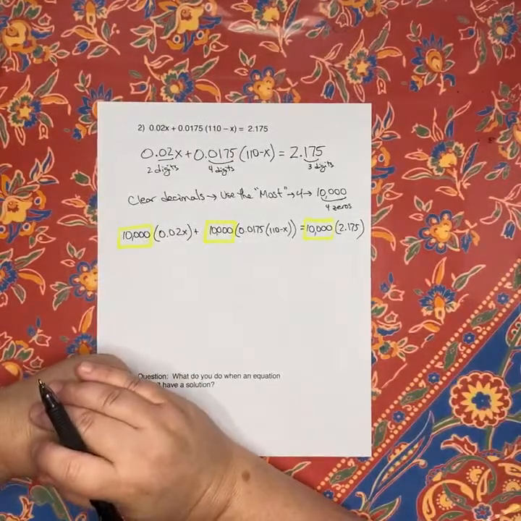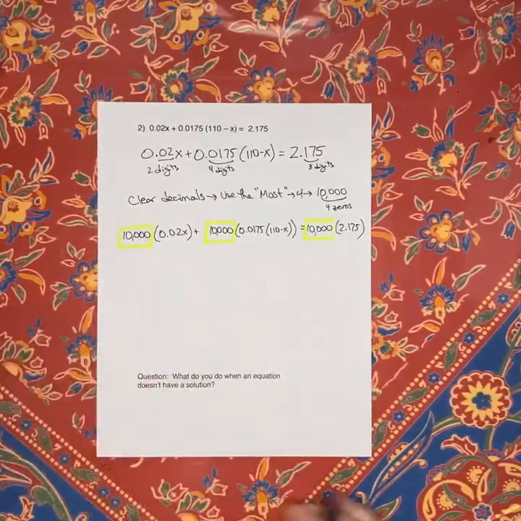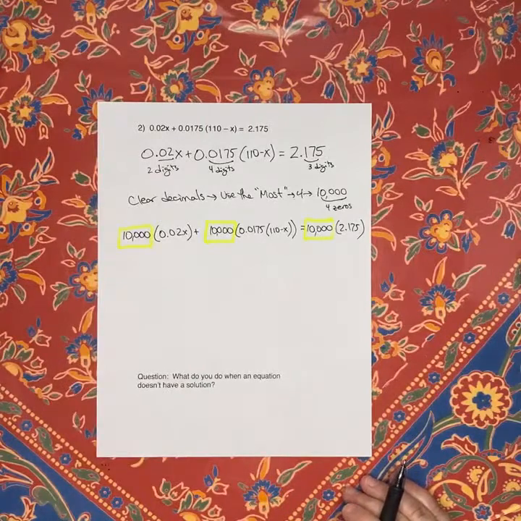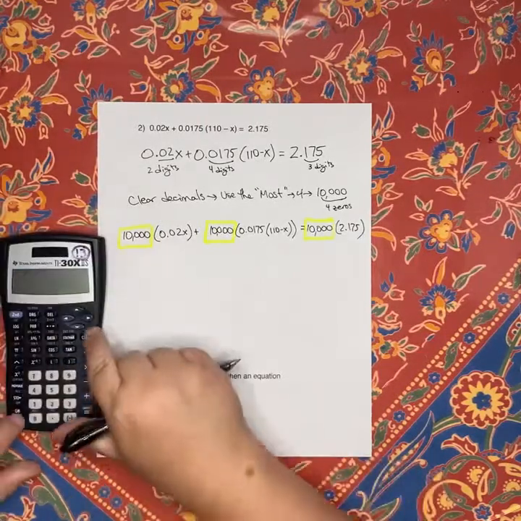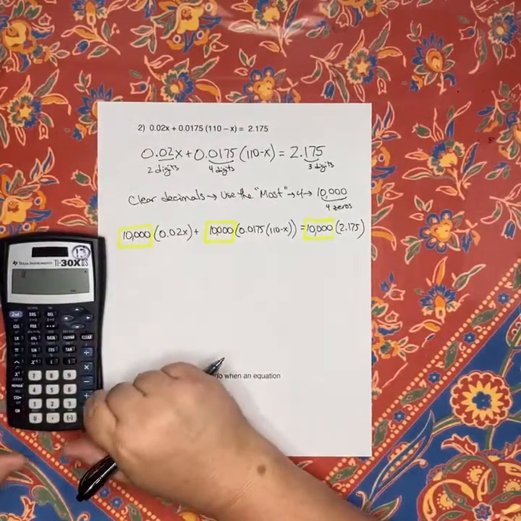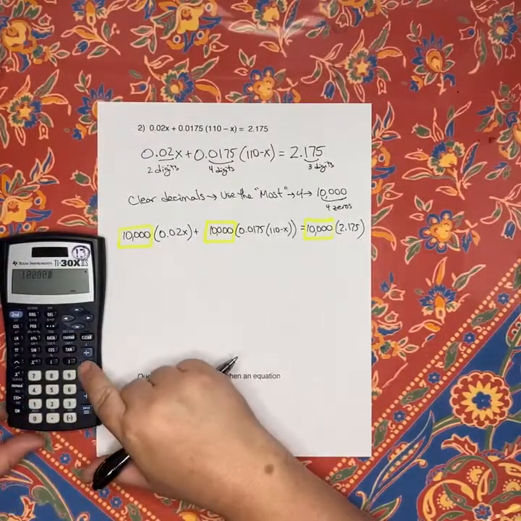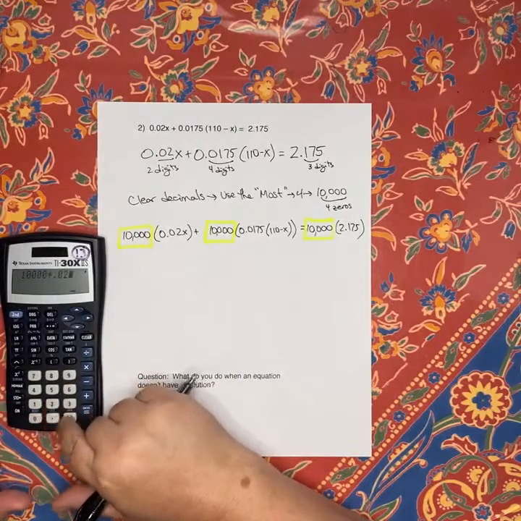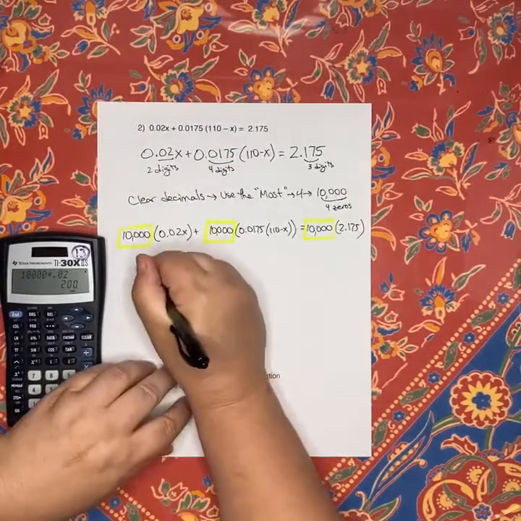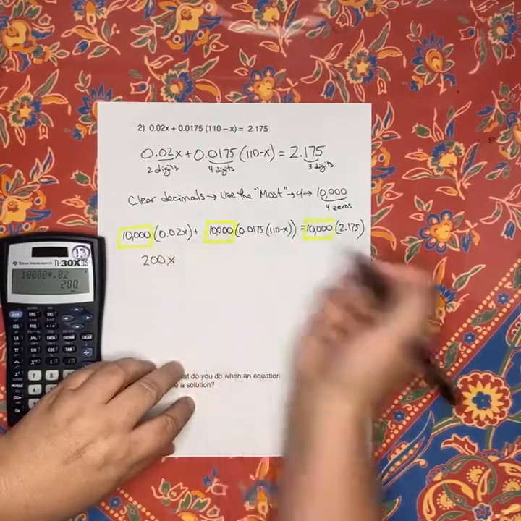Now, if you have some trouble counting your decimals, you can count or you can multiply. So we get 200x here.